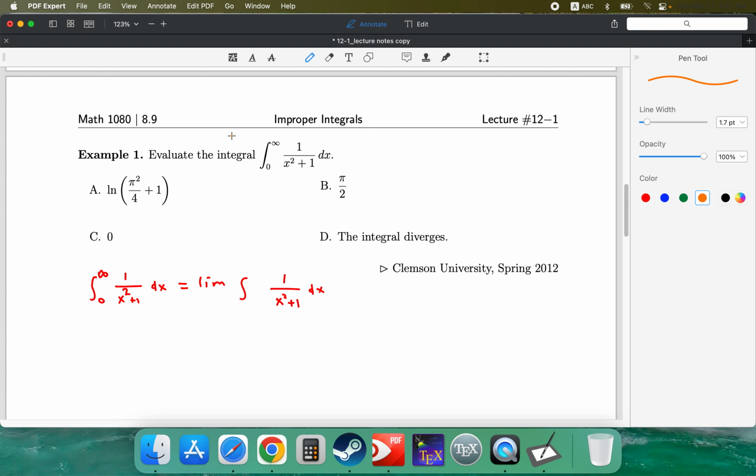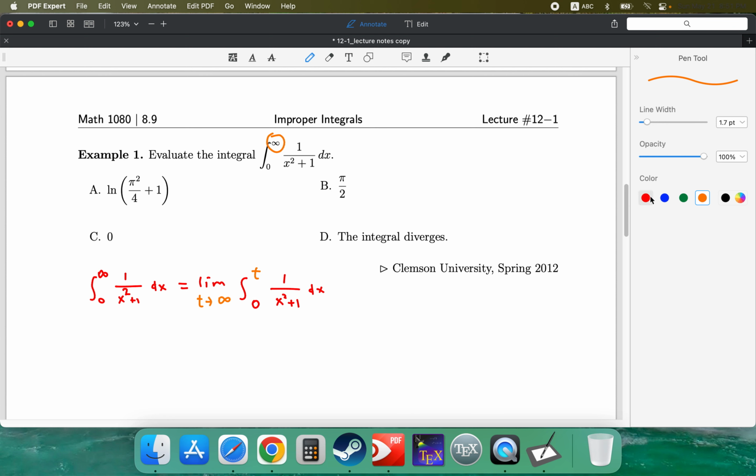Infinity is not a number, so you want to change this to some letter. You can use b, but let me use t right here. And 0 is a number, so just put 0 right here. Then you will take the limit as t goes to infinity.